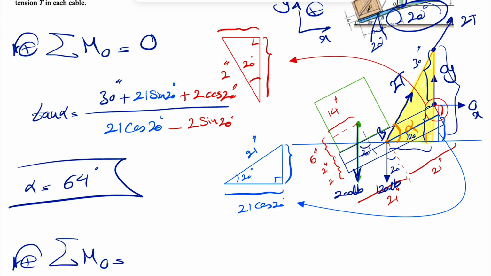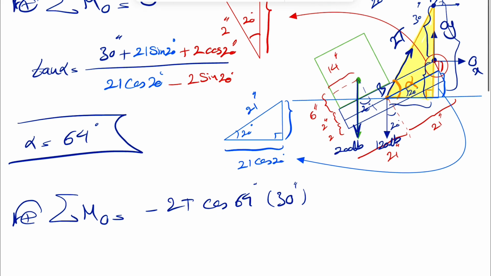We're going to go with this point because that way, if we resolve it in these two, we're going to have only the moment of the x component, which, as we can see, will be clockwise, so negative: minus 2T cosine of 64 degrees, and the distance would be the distance from O to A, which is given in the question, so 30 inches. That's pretty much it for the T.